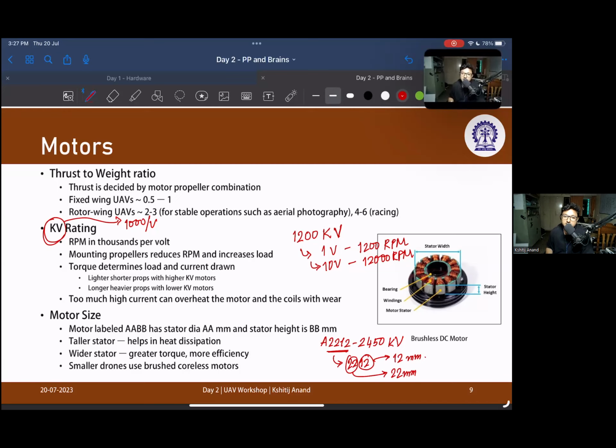This stator diameter and stator height determine how much torque you are going to get at a certain RPM. If you have a taller stator, it will be able to cut through more magnetic field and the heat dissipation is better. Taller is in this direction and wider is in this direction. If you have a wider stator, you have a bigger radius arm, so you have better torque.